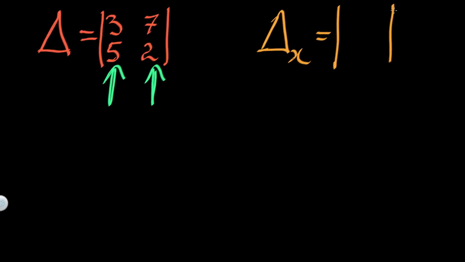In delta x, we simply replace the coefficients of x with the constants, in other words, the numbers that were to the right of our equal sign, which were 5 and 3. So the first column now is going to have 5 and 3. The second column is still 7 and 2.